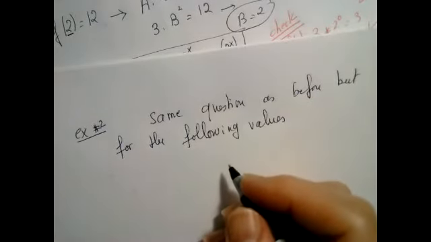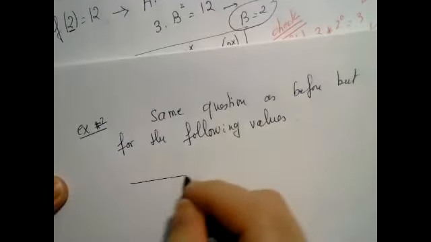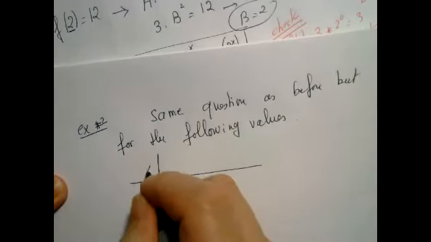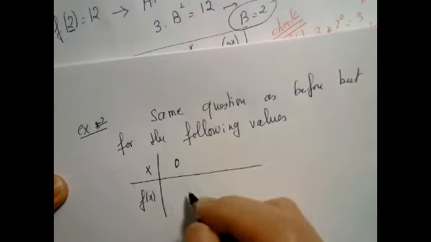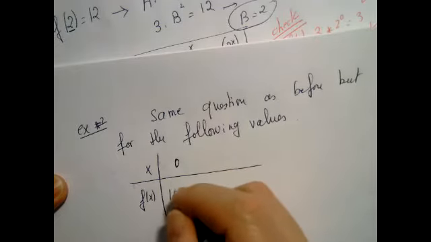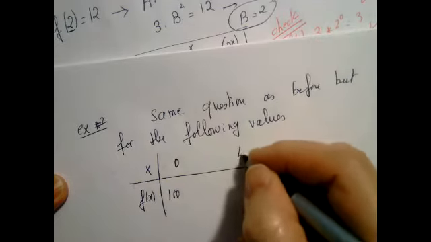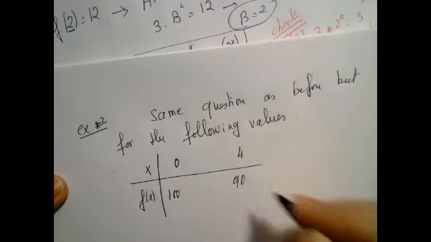Okay, so my values are, this is x, this is f of x. I want the function to take 0 to 100, and I want it to take 4 to 90.